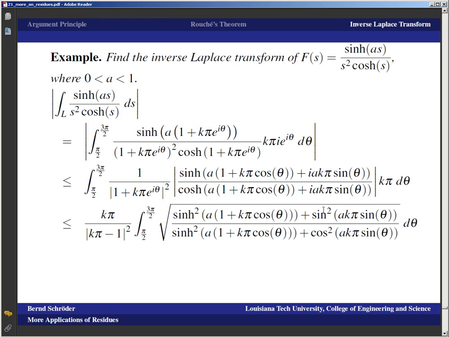And that means we take the k pi out, we take this fraction out. So because 1 plus k pi e to the I theta absolute value squared, that is a number that will always be at least equal to k pi minus 1. And so that means the smallest the denominator can get is k pi minus 1 quantity squared, and so it only gets bigger when we replace the denominator with that.